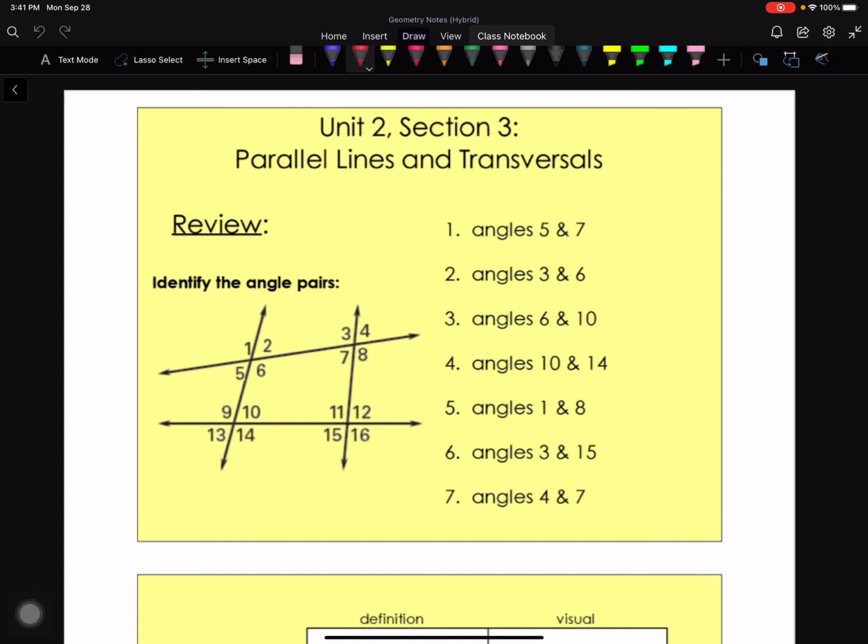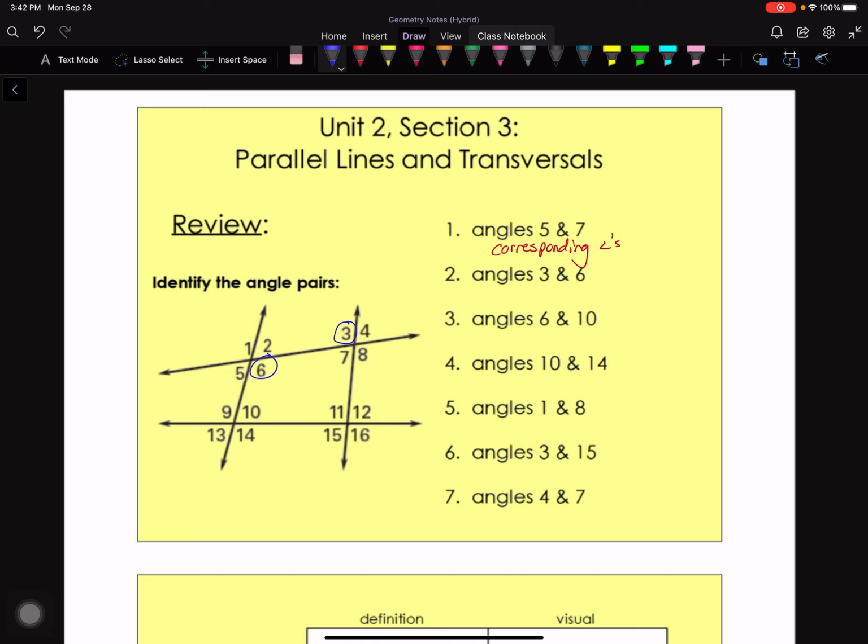So starting with number 1, we're talking angle 5 and angle 7. What we have here are corresponding angles. I'm just going to use that for angles to kind of save myself some writing. Angles 3, it's right here, and 6.